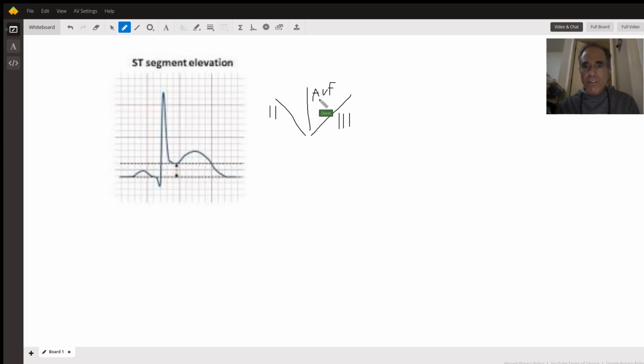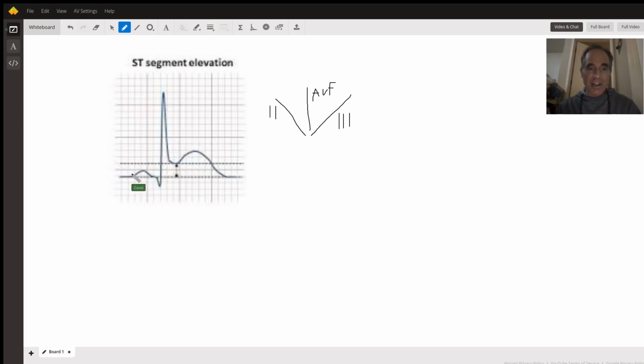Also, you have to know how much ST elevation counts as ST elevation, and you can't just look at it and say, oh, that looks elevated. First, you have to determine the J point. That's your frame of reference with respect to the TP segment.